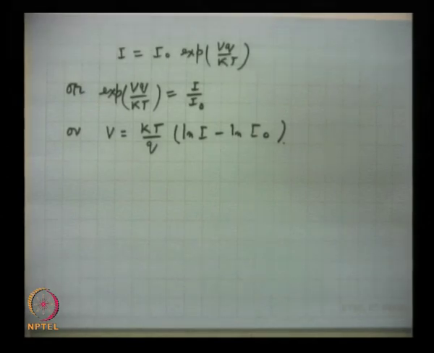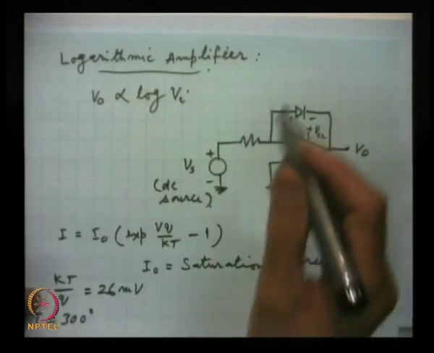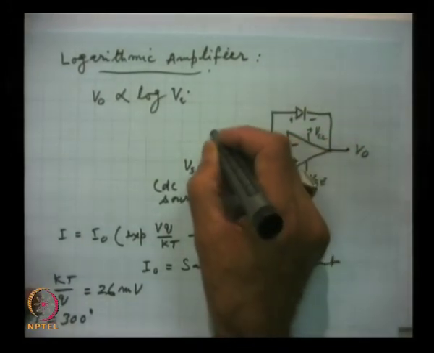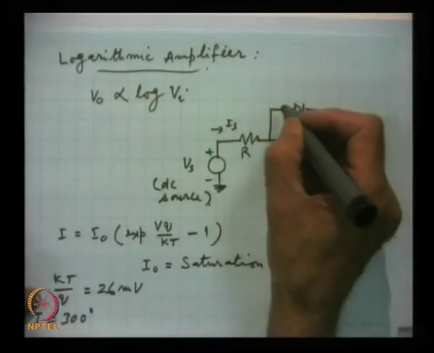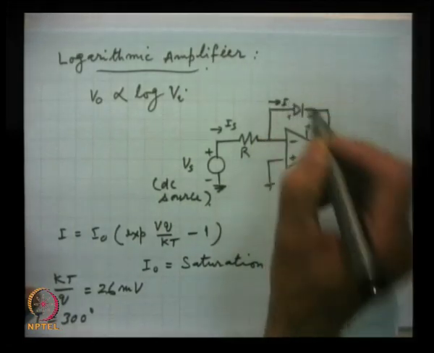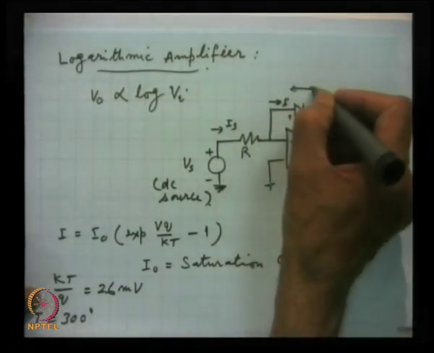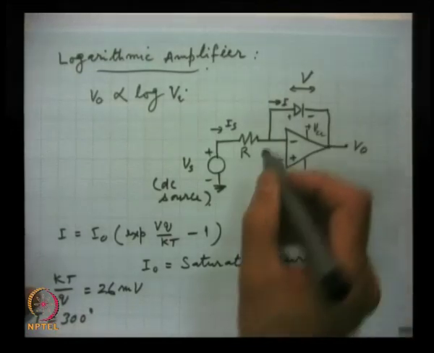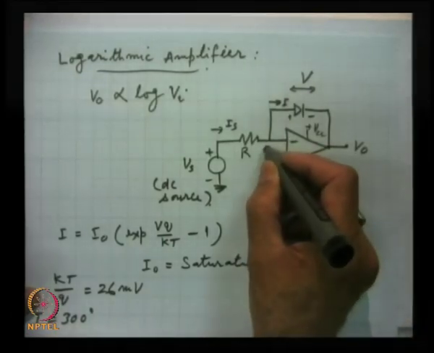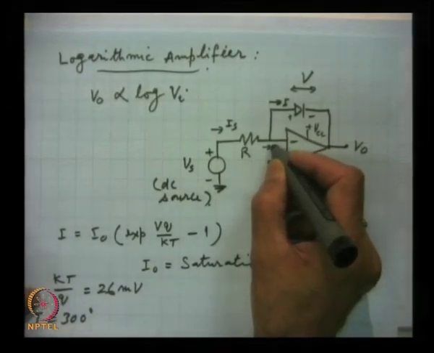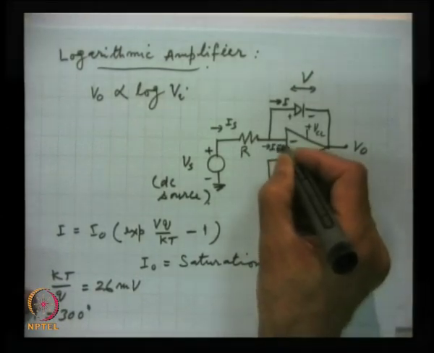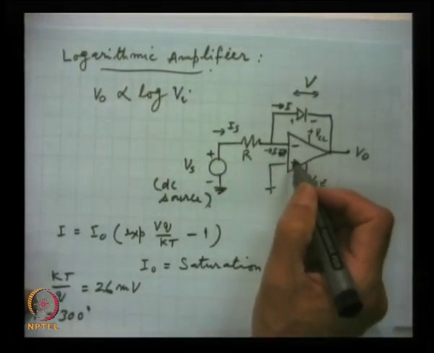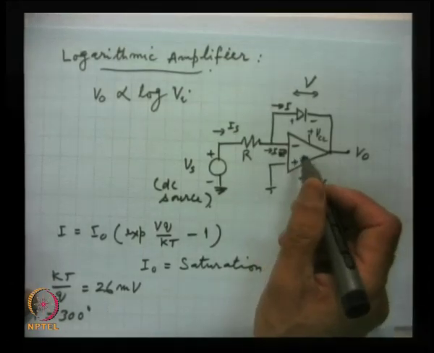And this current I here in this circuit, this is Is from the source, and this current is I, and this voltage across this which we are applying is V. And the current here is actually 0 because of the very high impedance of the operational amplifier.